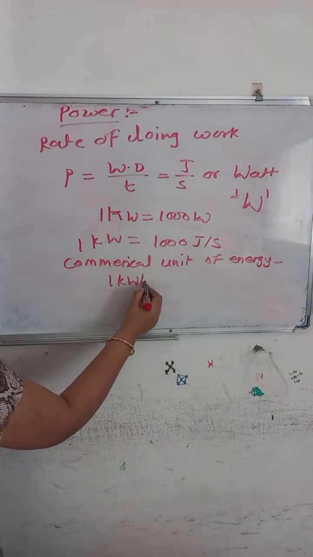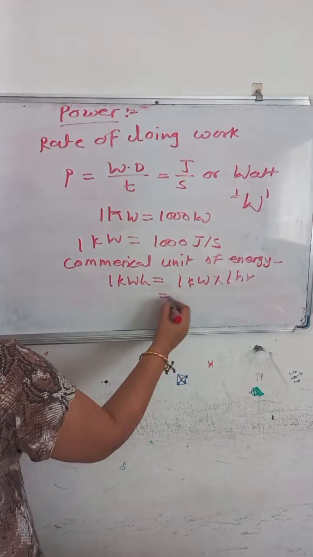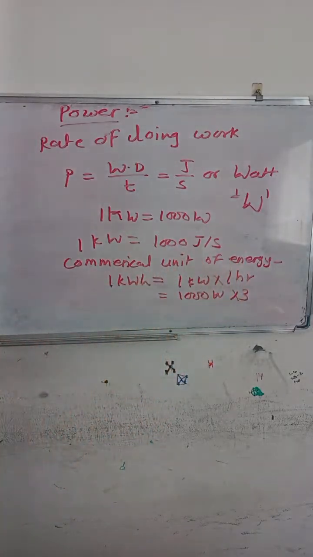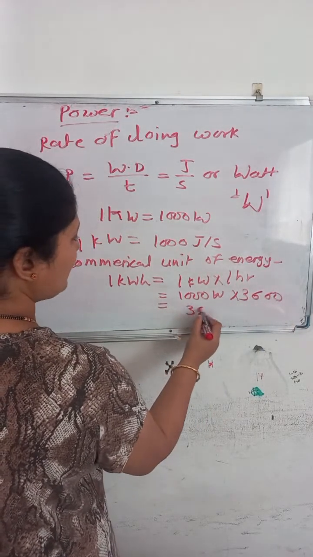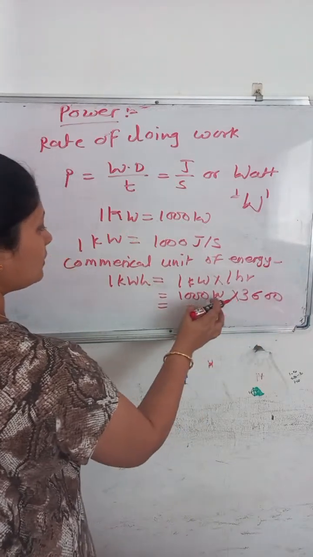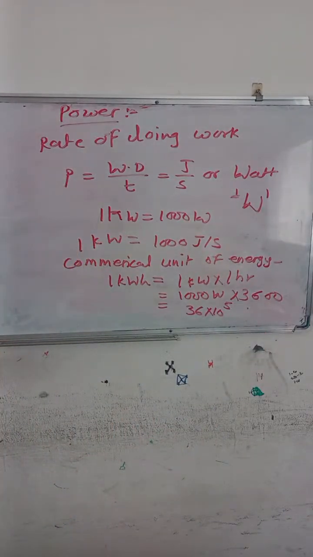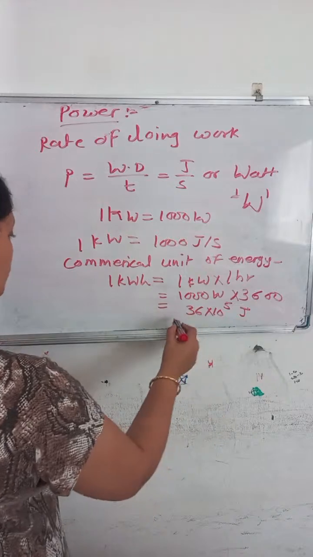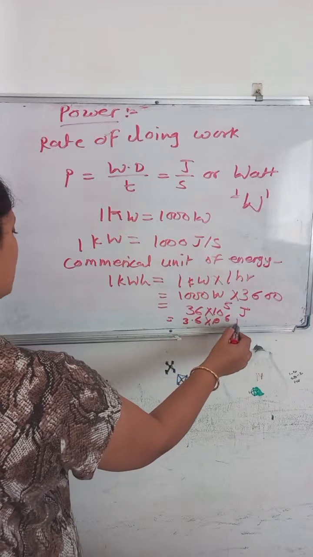1 kilowatt hour is nothing but 1 kilowatt into 1 hour. So 1 kilowatt is 1000 watt, into 1 hour, which is 60 into 60, that is 3600 seconds. So the answer is 36 into 10 raised to 5 joule, or we can write 3.6 into 10 raised to 6 joule.